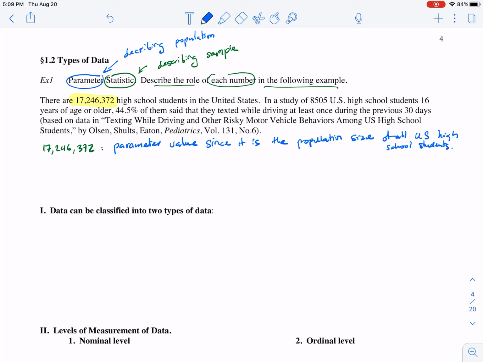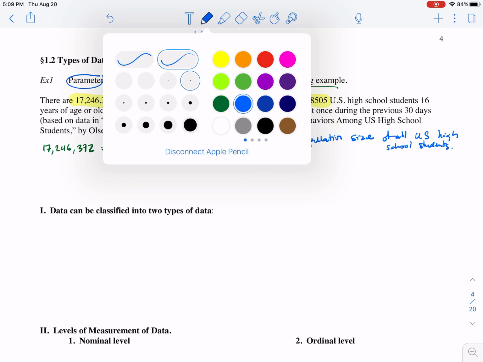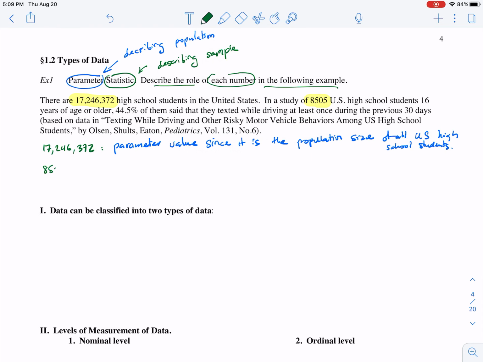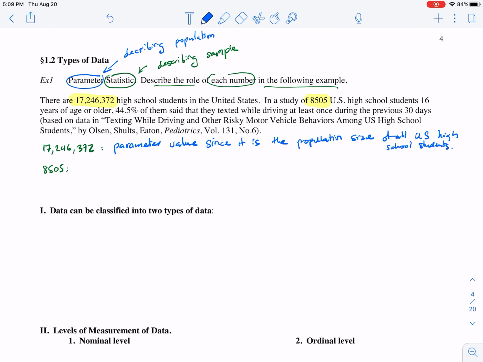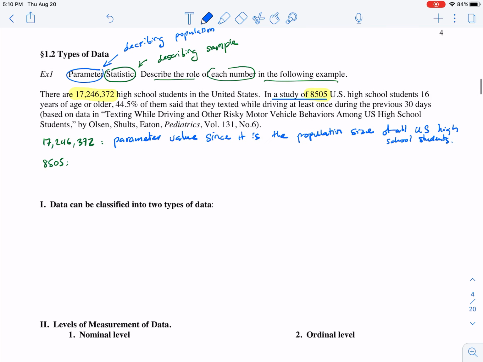Okay. Next number, we have 8,505. What do we say this number will be? This number is referring to, in a study of 8,505 United States high school students of age 16 or older, just a smaller set of a larger set.